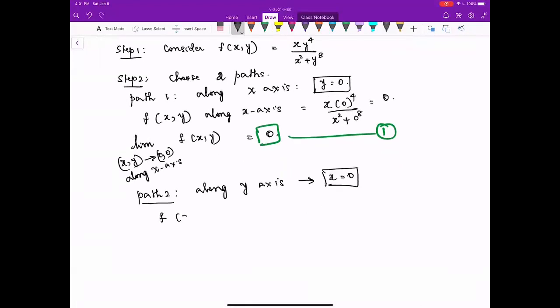So f of xy along the y-axis is, with x equal to 0, y to the power 4 divided by 0 square plus y to the power 8. Anyway, the numerator is multiplied by 0, so it is equal to 0.